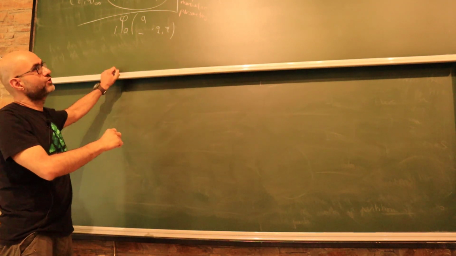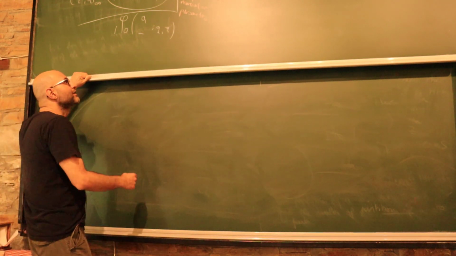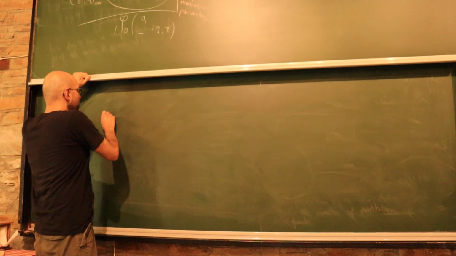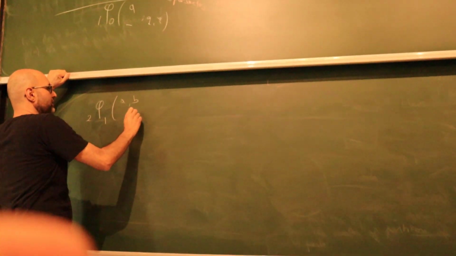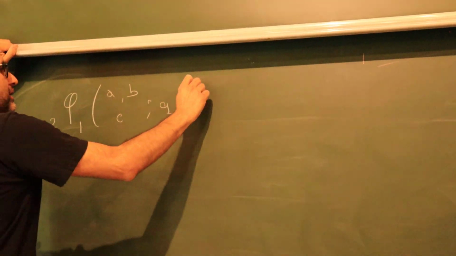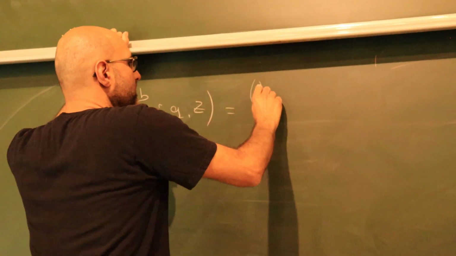We needed this shorthand. It's not just for show, it's for convenience. So 2phi1 with parameters A, B, C, q, and z: we said that it's the ratio of two infinite products.